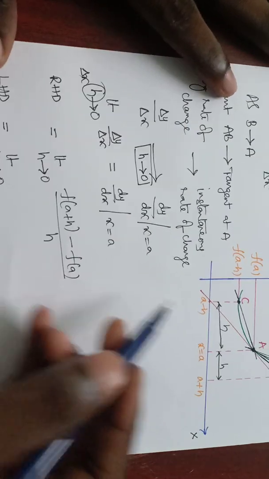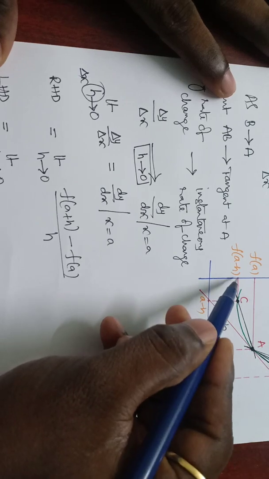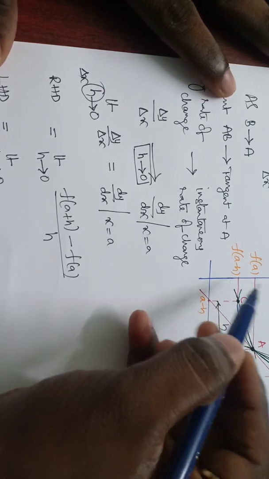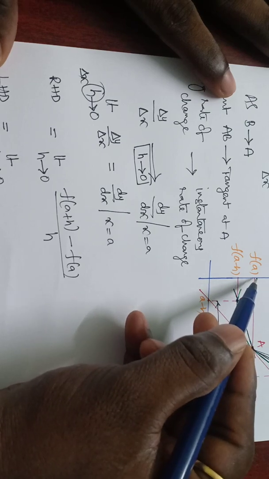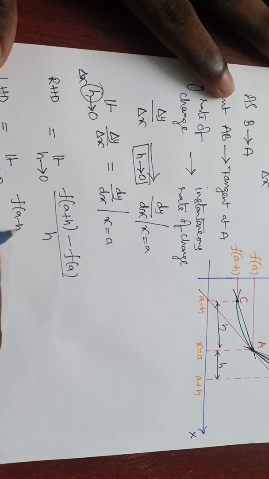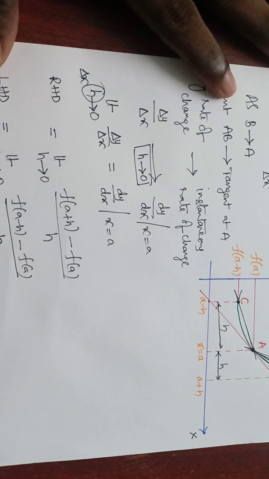Now what is the slope of the secant here? y2 minus y1 by x2 minus x1, or y1 minus y2 by x1 minus x2, which is f of a minus h minus f of a, whole divided by the difference between the x coordinates, that is h.